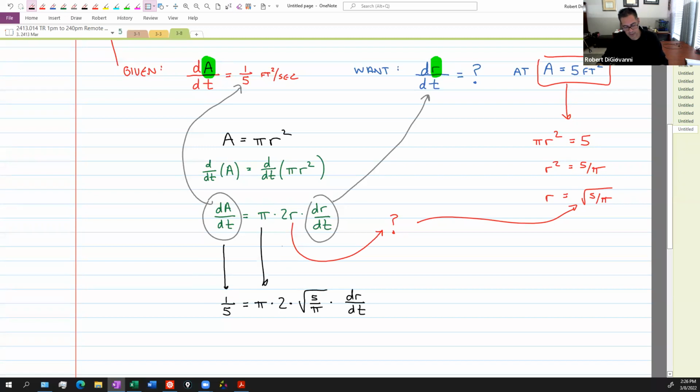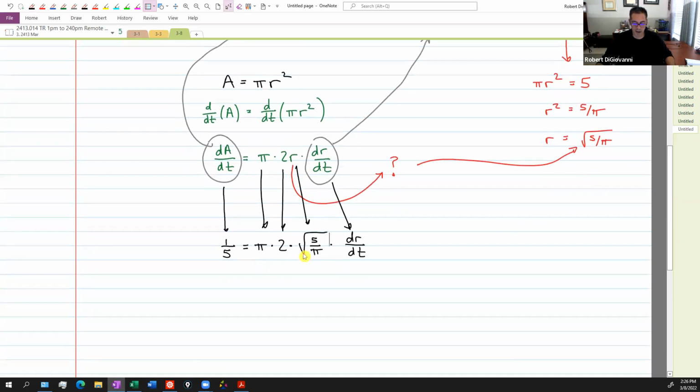And now to get dr dt on its own, all I'm going to do is divide both sides by that. And I'm done. I could use decimals, but I'm just going to do it this way. Take 1/5, divide everything by pi times 2 times the square root of 5 over pi. That will be dr dt.